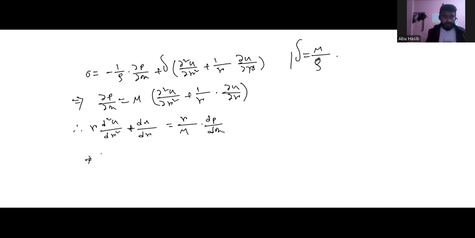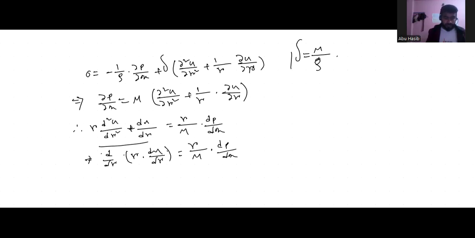From this equation we can write d/dr of r du by dr is equal to r by mu d/dx of p.